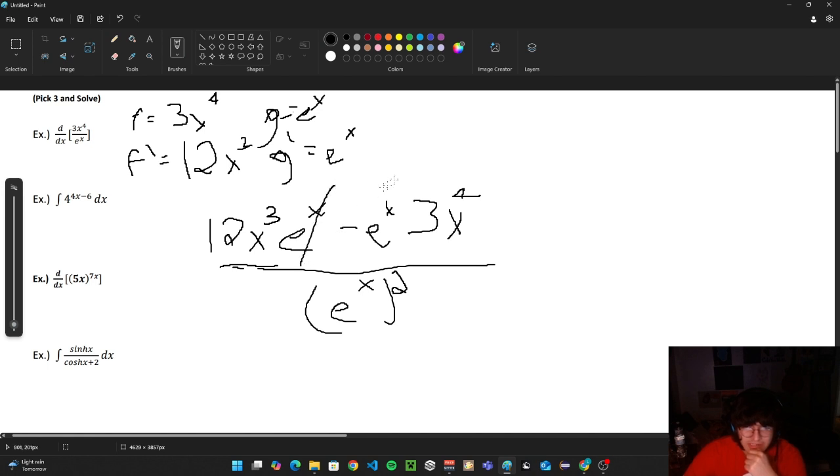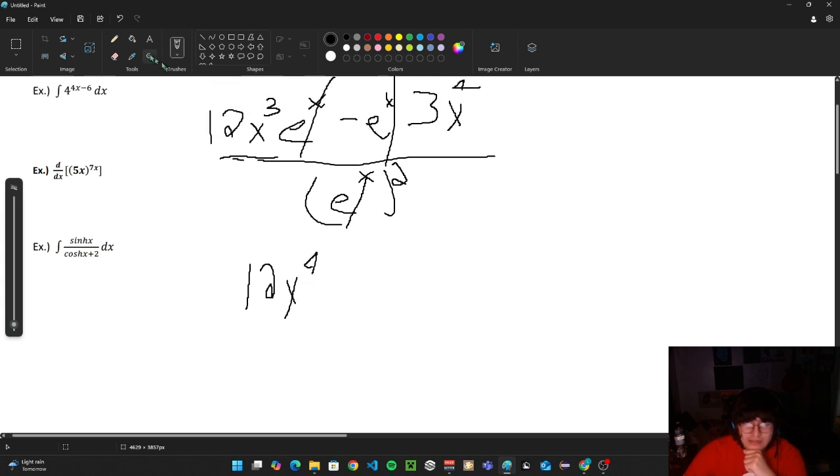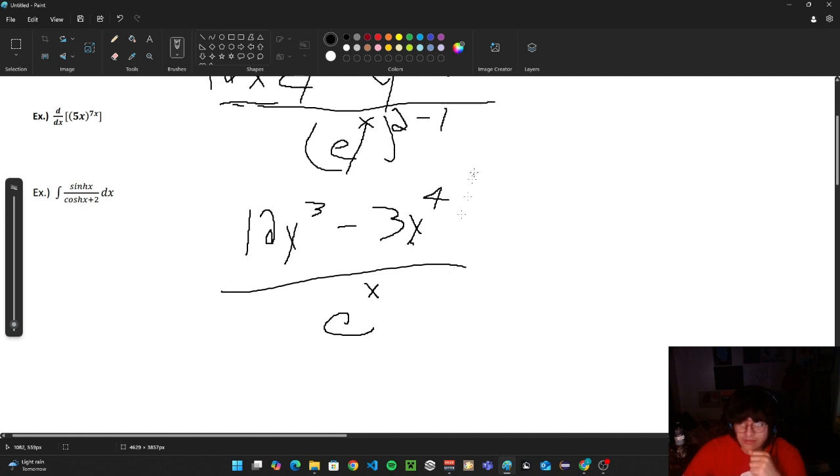So you can cross these out, and then that would be 12x to the power of 3 minus 3x to the power of 4 all over an e to the x that's left over. So this would be your answer.